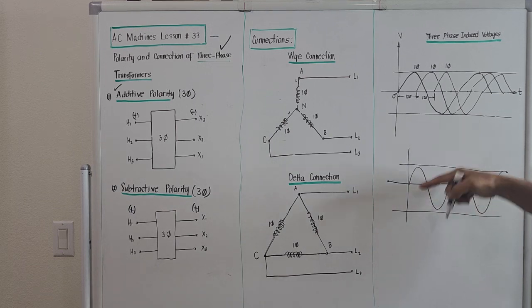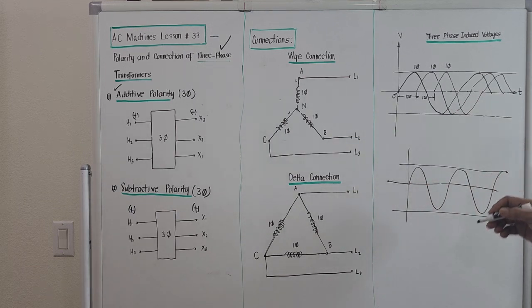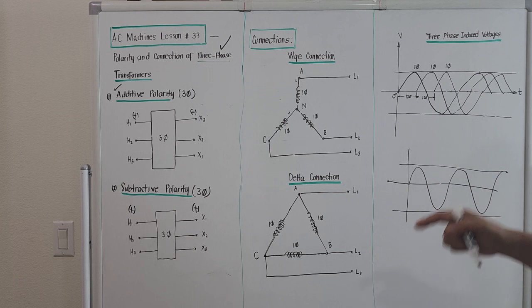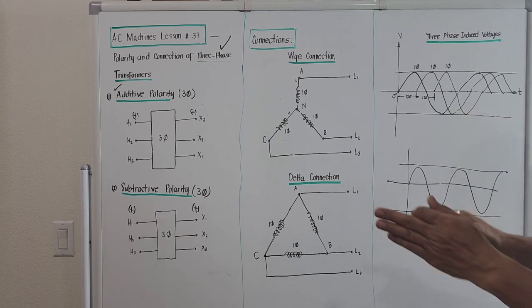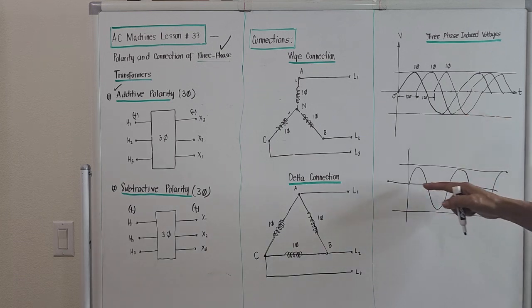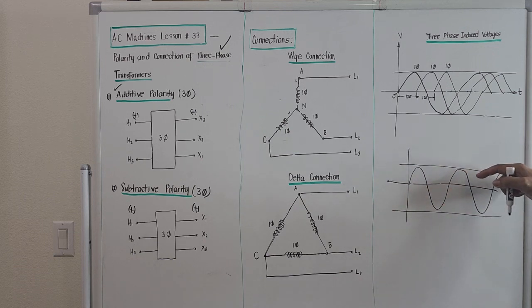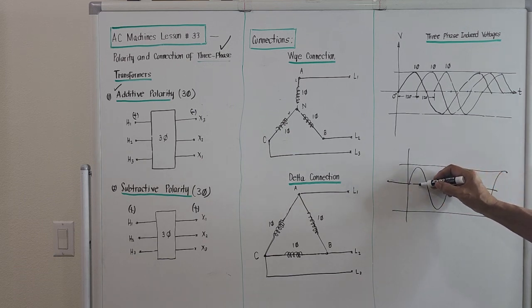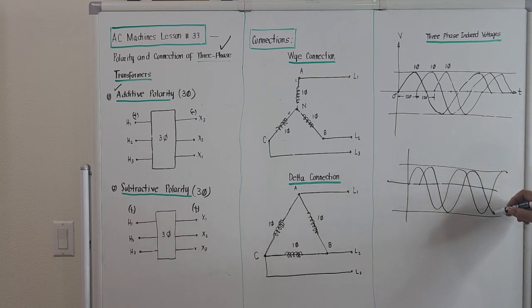Single phase, that's only one winding. But for a three-phase, there will be two additional waves that will come out because it's three-phase. This is only for one phase, right? The next phase might be something like this. And the next phase will be like this.